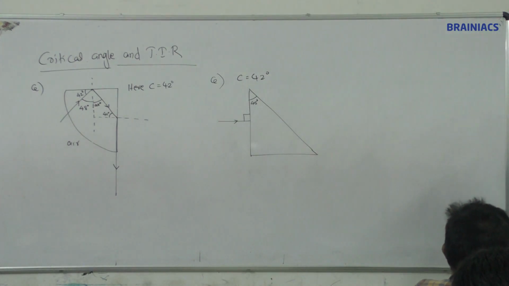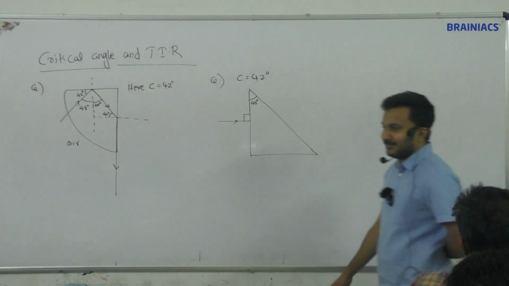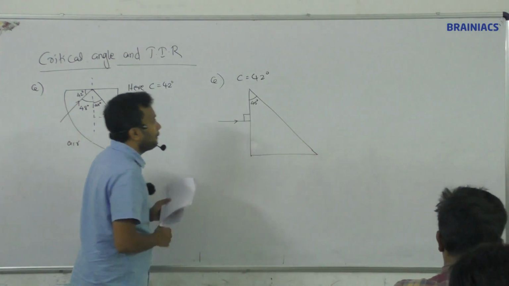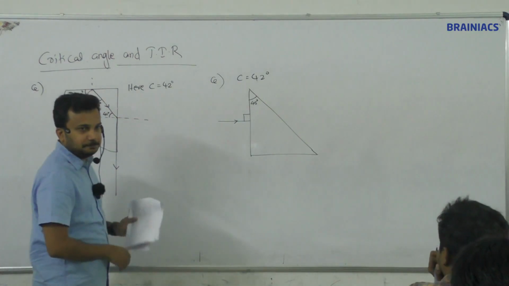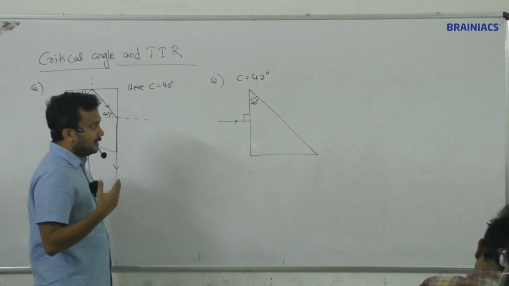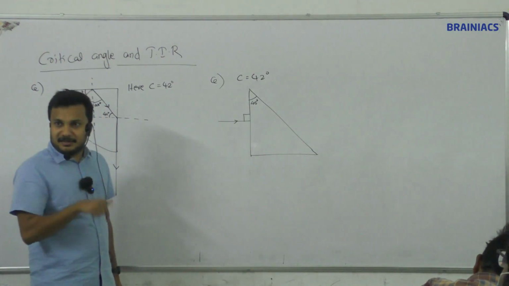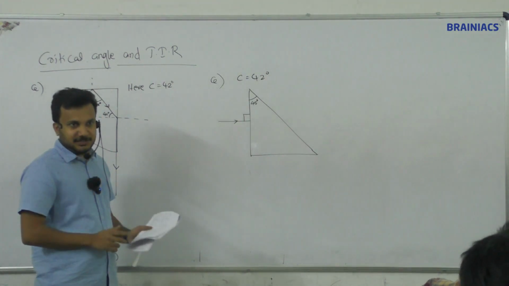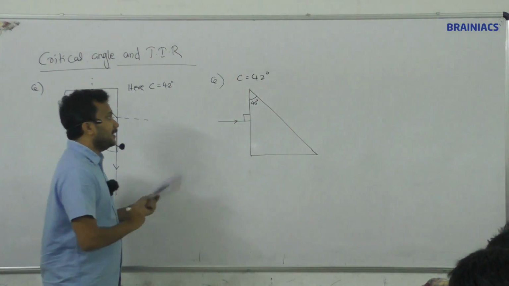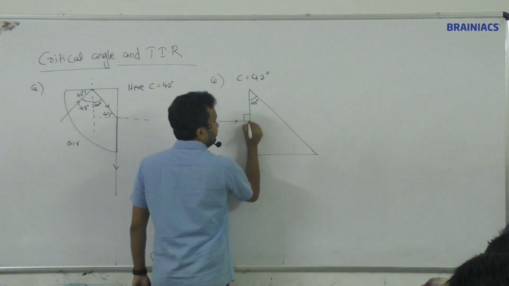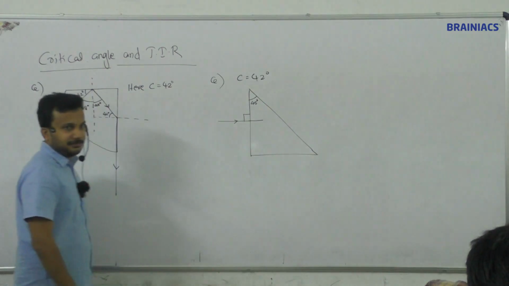This is correct, this is the return path, using triangles. Angle of incidence is 0, which is less than the critical angle, so the ray will undergo refraction.